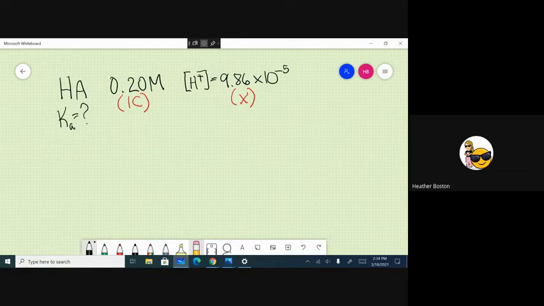So I'm going to skip over the ice chart this time so you guys can see what that looks like. Because remember, Ka is X squared over initial concentration.